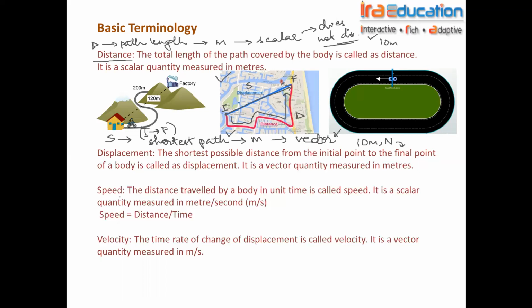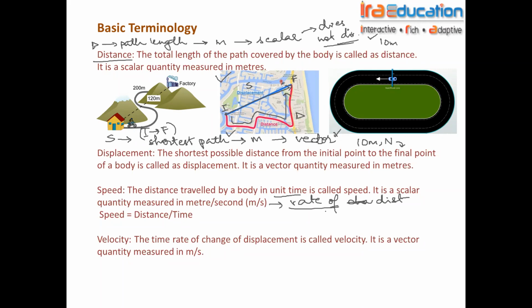Speed, guys, speed is the distance traveled by a body in some time. So you can say that it is the ratio of the distance traveled by a body in unit time, or the rate of, see how many definitions. One is over here: distance traveled by a body in unit time. That's the first definition. Second one, rate of change of distance or rate of distance traveled.